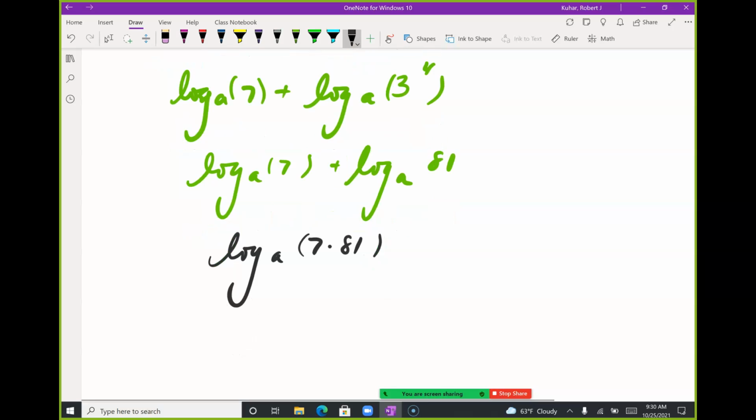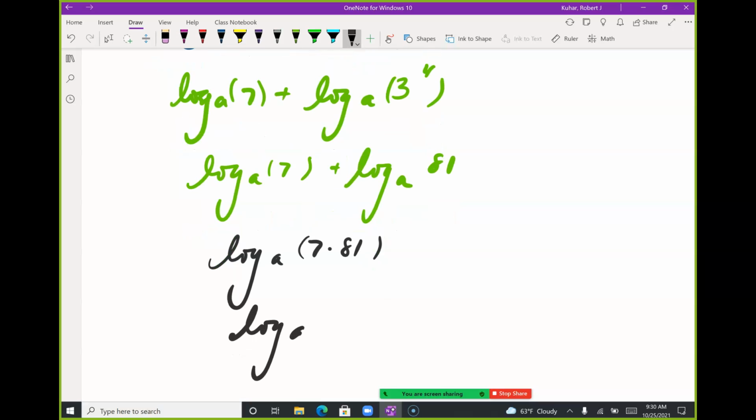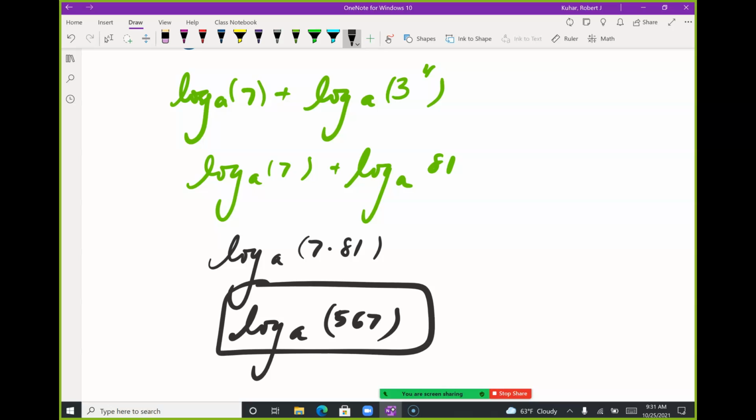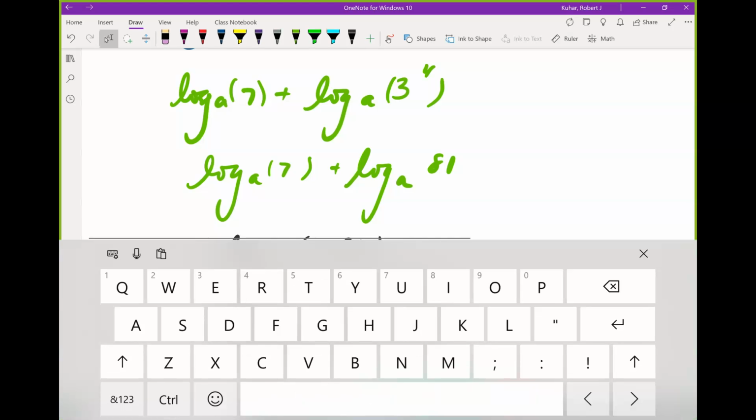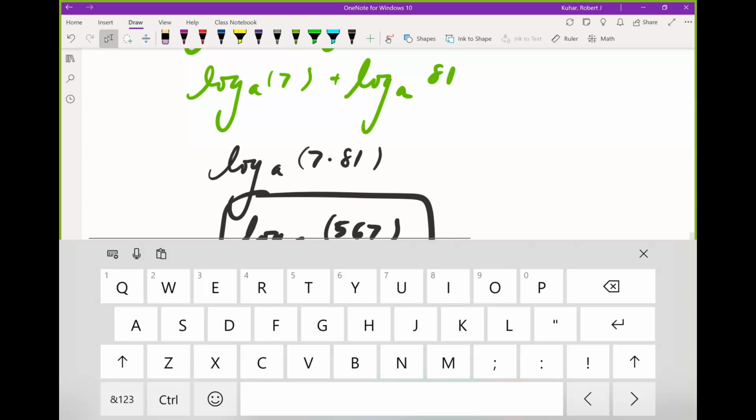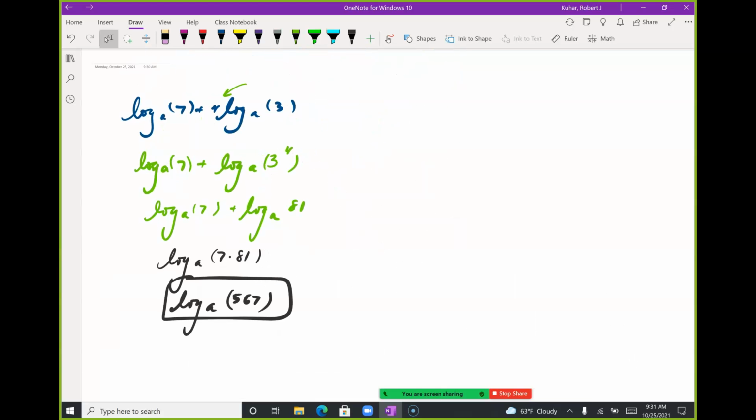No, 567? Yes. And there it is. So using the properties going forward, use the properties going backward. Little strange, but you'll get used to it.